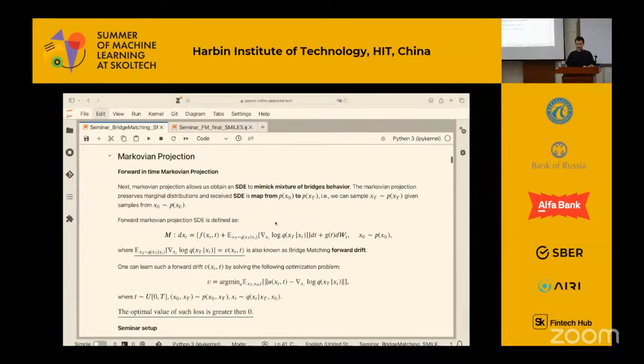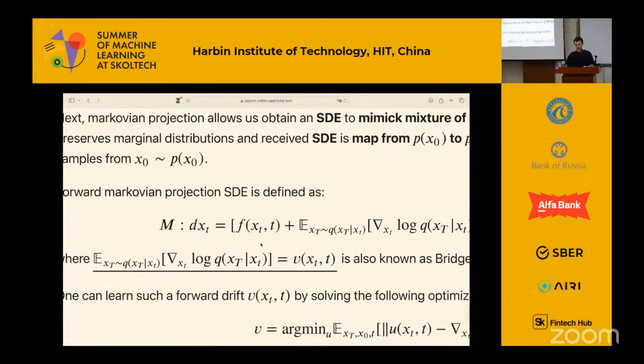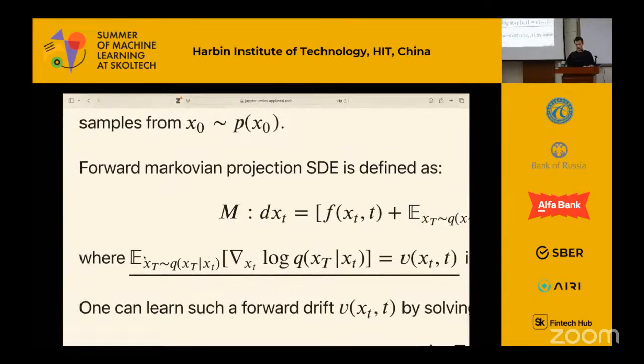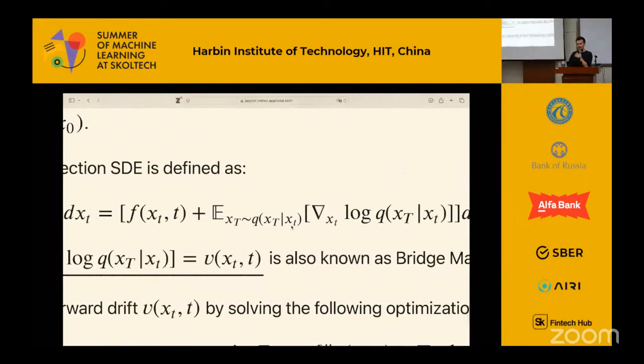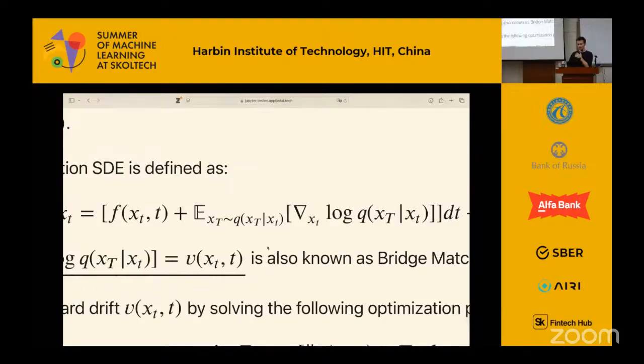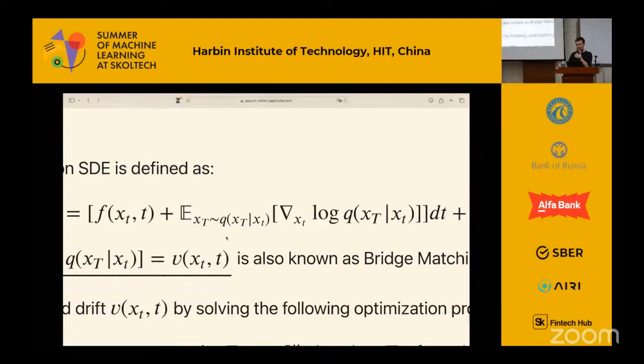So okay, great. The question, as Alexander said, is that this distribution q of x big T dependent on x small t is unavailable to sample from. And hence you cannot just estimate this quantity by employing Monte Carlo estimation.